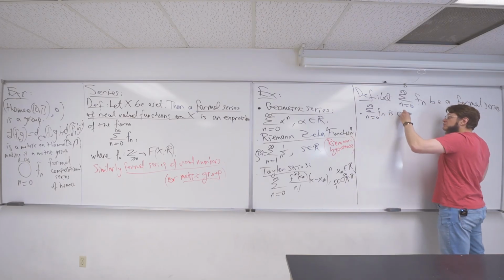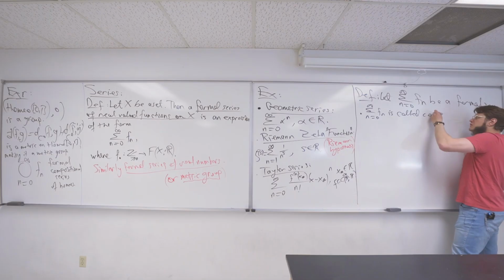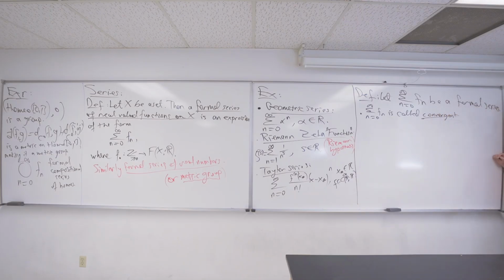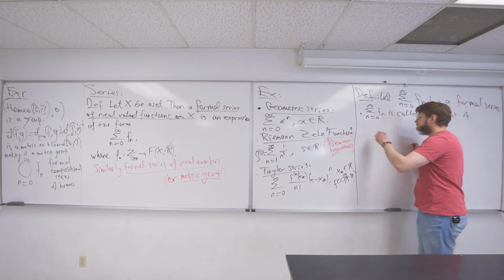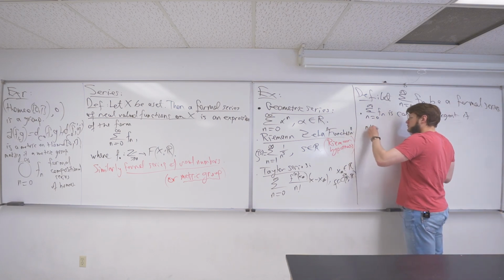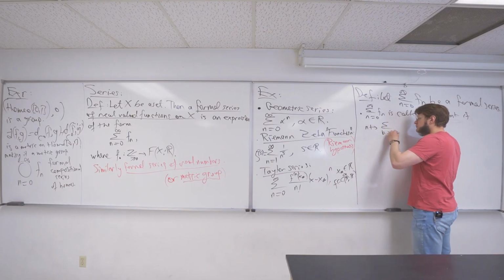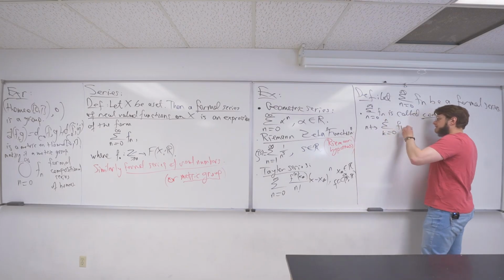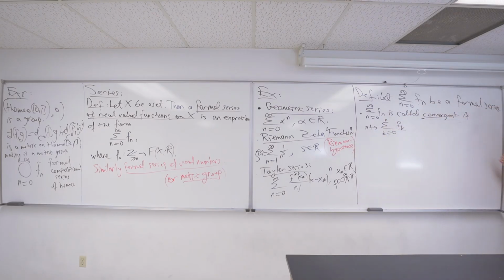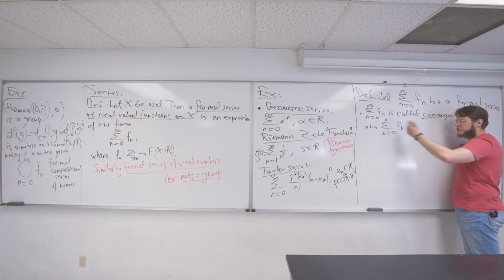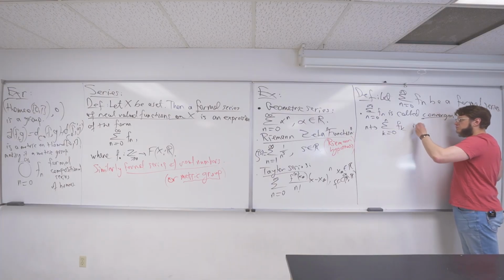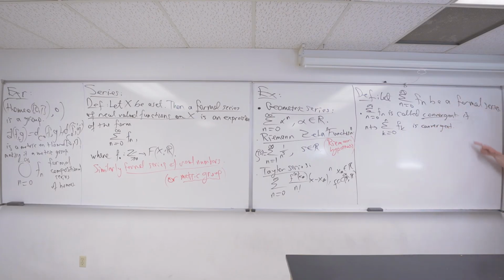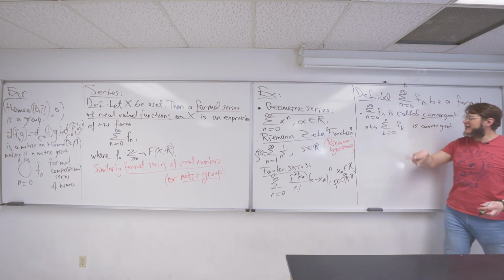So this formal series is convergent if, I'll write it like this, the sequence of partial sums, k from 0 to n, this sequence of functions or numbers, whatever, is convergent. In this case, we define this to stand for the limit.